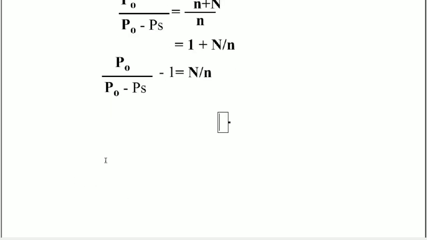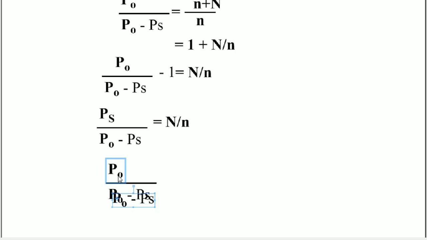On simplification we get PS by P naught minus PS is equal to capital N by small n, and we can write it again in a reverse manner.